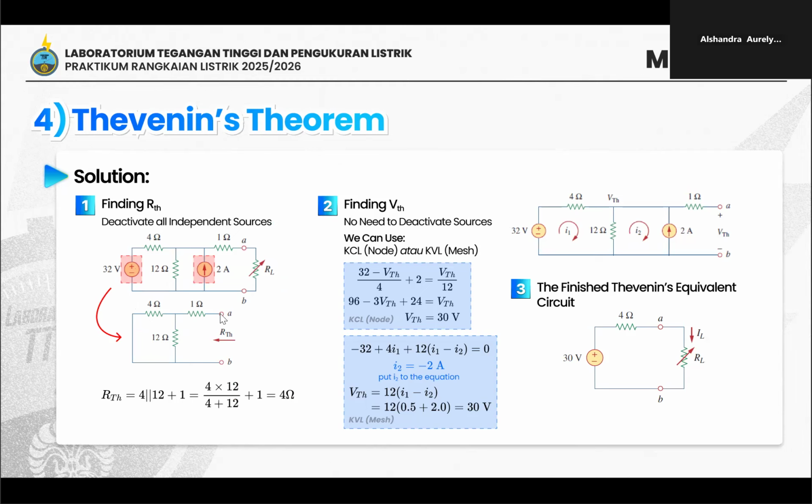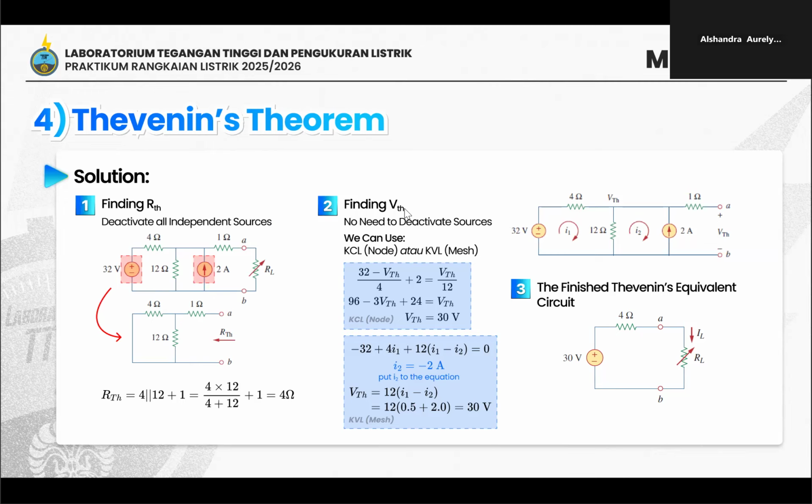From these two terminals, A and B, we evaluate the resistors from this point of view. So we assume the 4 ohms and the 12 ohms here are in parallel. Then, when they're in parallel, we just add the one that is in series. So we get 4 ohms in total for the R Thevenin.